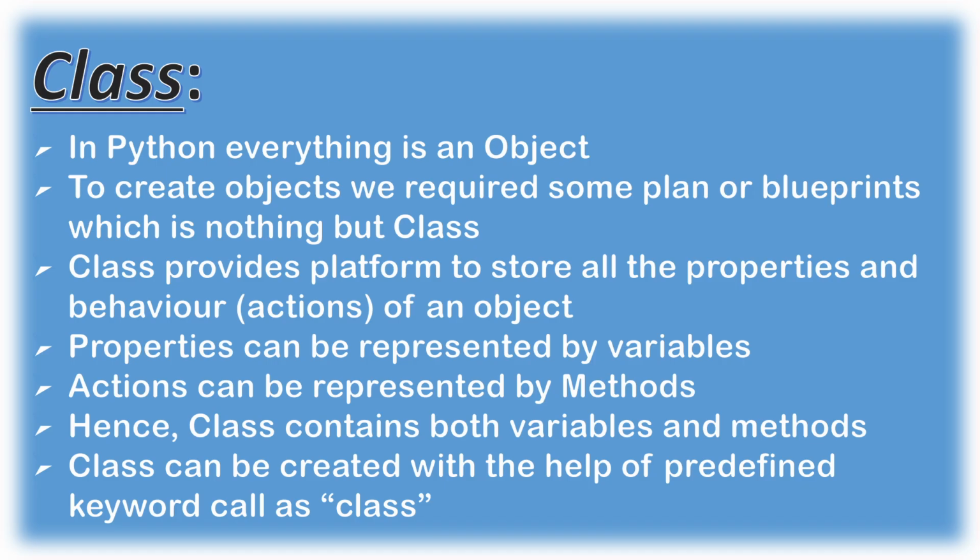Properties means attributes and behavior means actions. Properties can be represented by variables and actions can be represented by methods. Hence, class contains both variables and methods. A class can be created with the help of a predefined keyword called class.